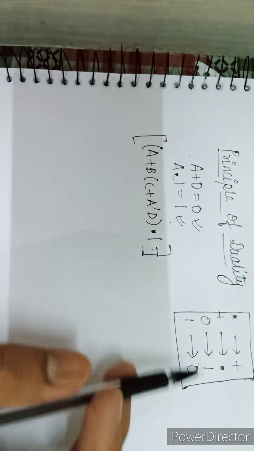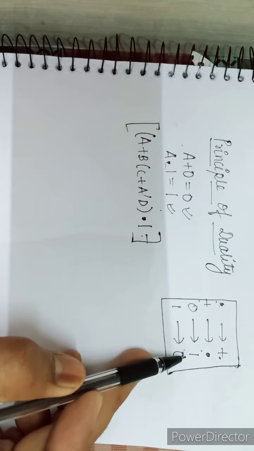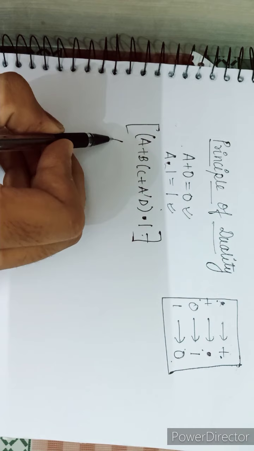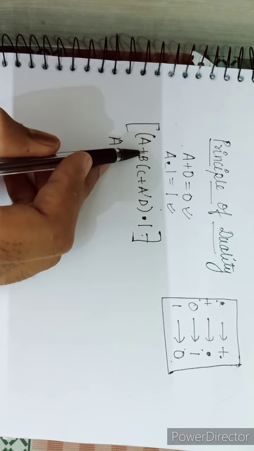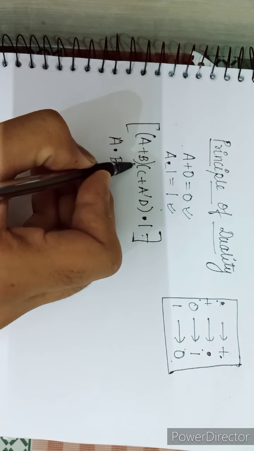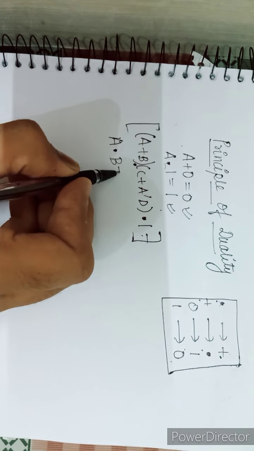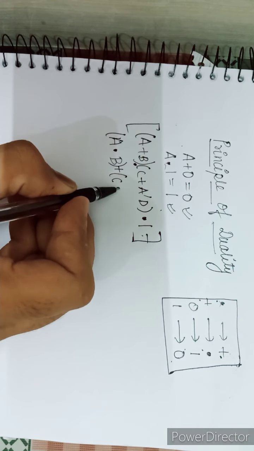We have to remember that dot will be changed to plus, plus will be changed to dot, and 0 will be changed to 1 and 1 to 0. But the Boolean variable will remain the same. So A plus will be changed to dot, A dot B. Here also one dot is there, so dot will change to plus. A dot B plus C, plus will be changed to dot.